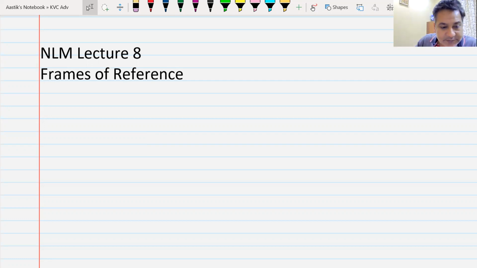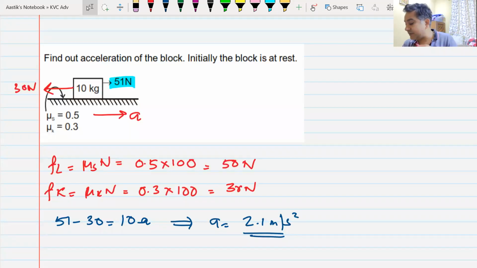Let us have a quick recap of what we had done in the previous class. We were dealing with static friction, and we had done some problems on it. Static friction is what I call intelligent friction.